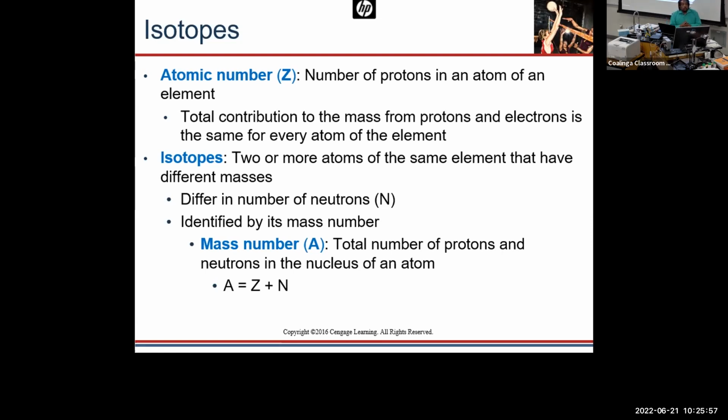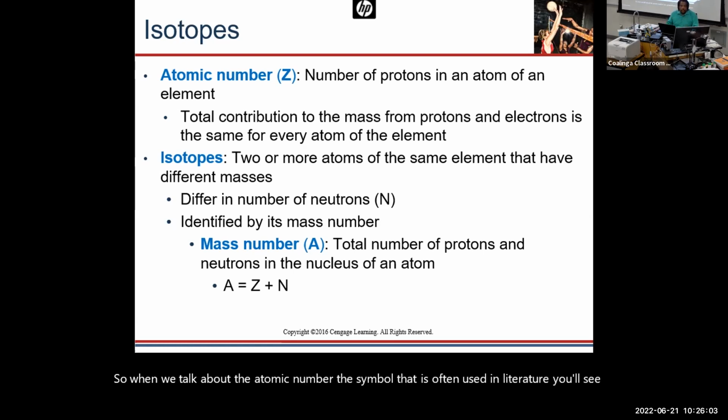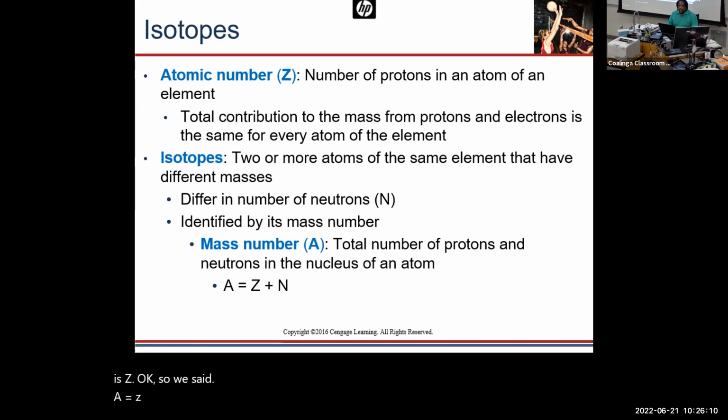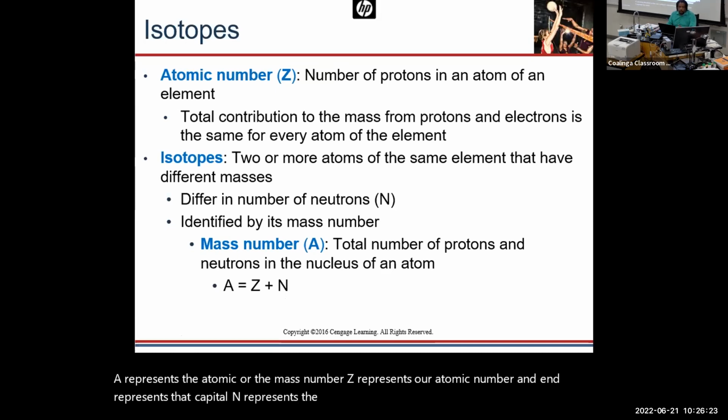When we talk about the atomic number, the symbol often used in literature is Z. We said A equals Z plus N, where A represents the atomic or mass number, Z represents our atomic number, and capital N represents the neutron number.